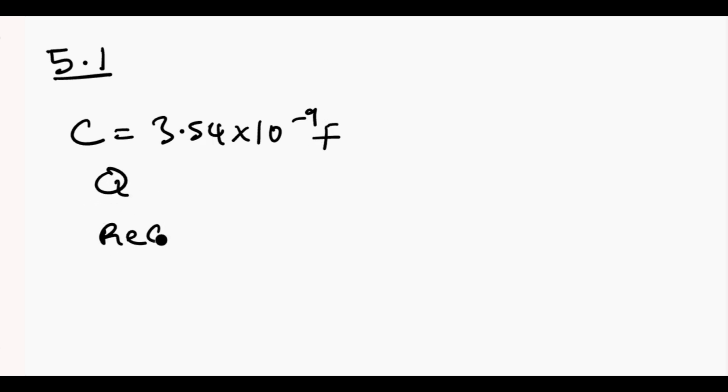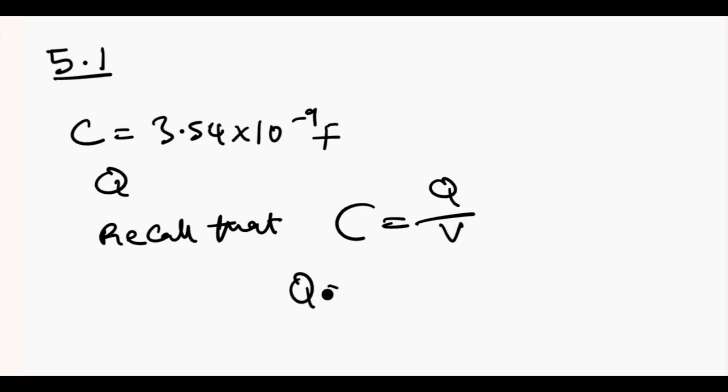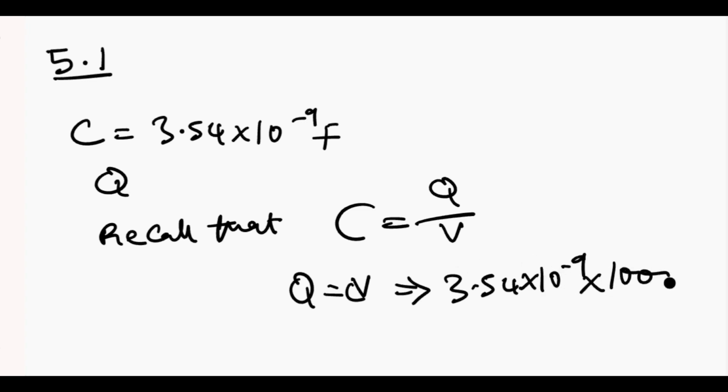Recall that C is equal to Q over V. Make use of the formula, Q is equal to CV. So that implies our C, 3.54 times 10 raised to power minus 9, times 1000. Multiply this and you have 3.54 times 10 raised to power minus 6 coulombs.